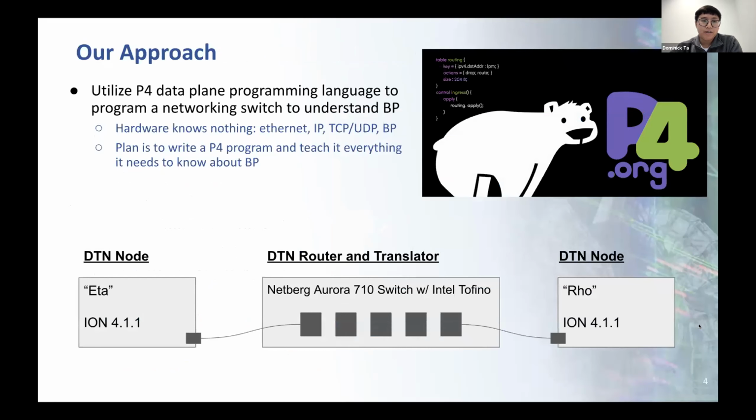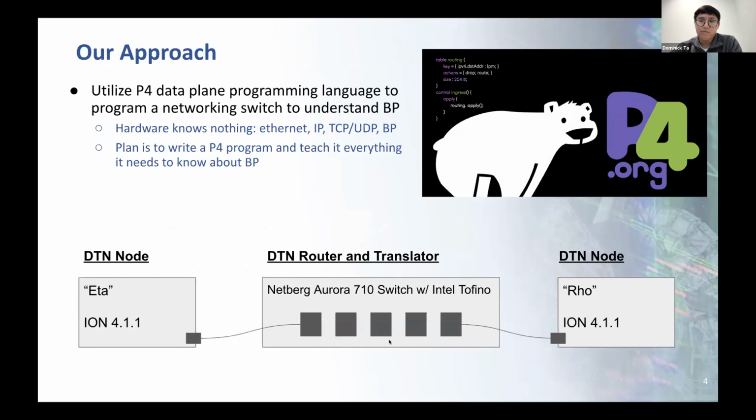Our approach is to use the P4 data plane programming language. It's open source and pretty popular in the field of data plane programming. For our specific configuration, we have the Netberg Aurora 710 switch that contains the Intel Tofino networking ASIC that is designed to work with P4.